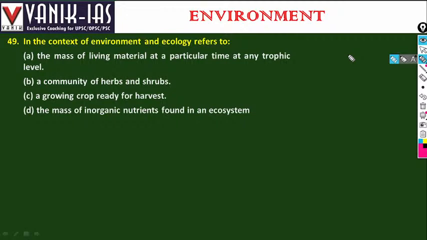What is environment and ecology? So obviously it is a mass of living matter at a particular time in any trophic level. It's not an inorganic system, growing crop. It's not a community of herbs and shrubs. So it's a mass of the living material. So A is the answer regarding environment and ecology.